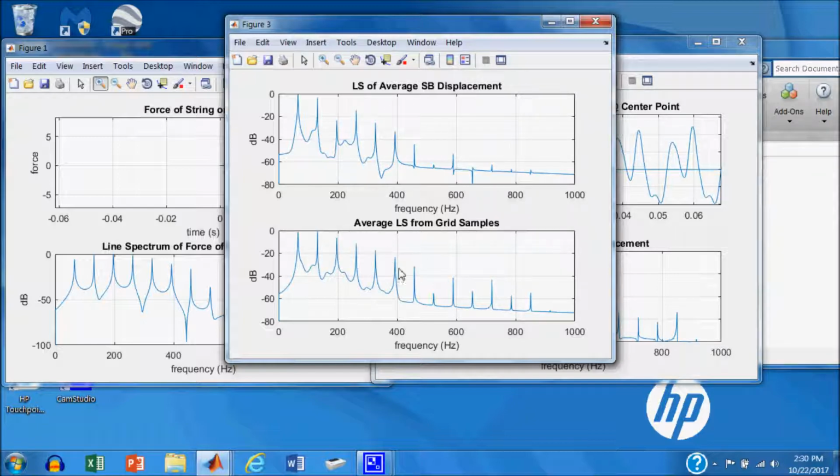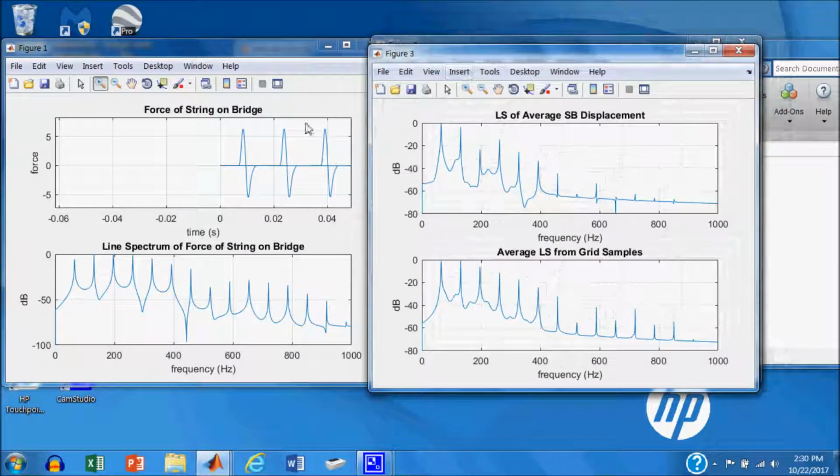So it's better to collect all the soundboard displacements at each of the grid points and then calculate the line spectrum for each of those points on the grid and then take an average. So if you compare this spectrum with that of the bridge, you can still see that there's some attenuation in power as the frequencies go up.